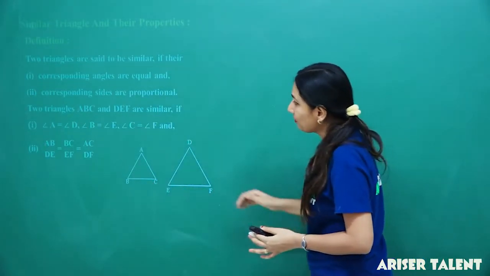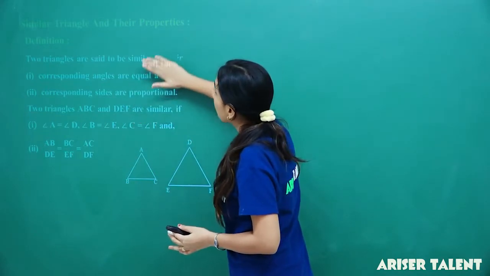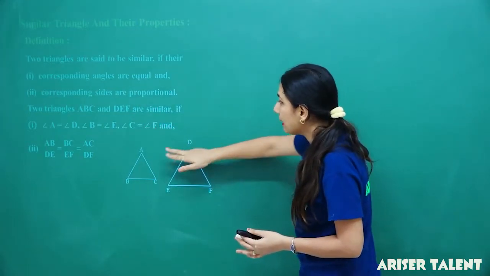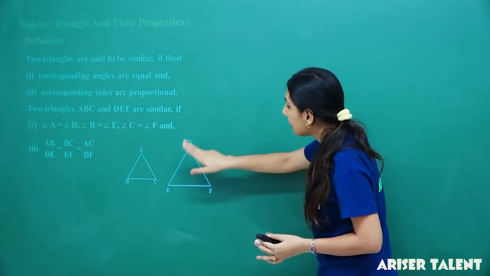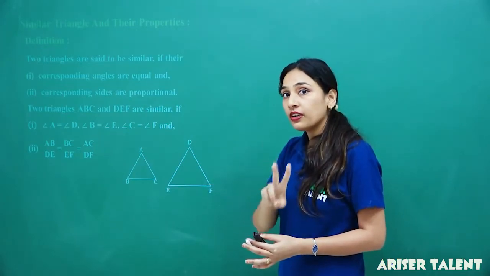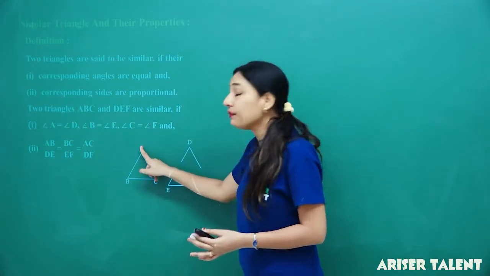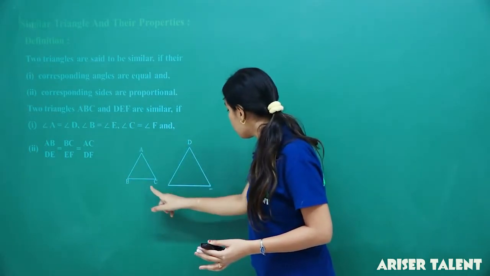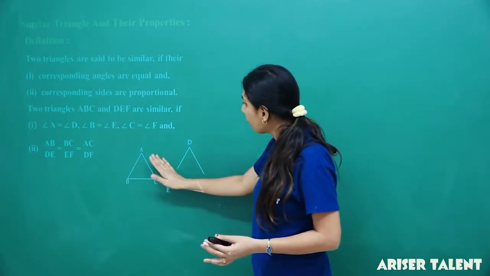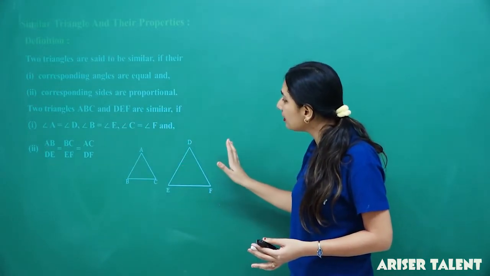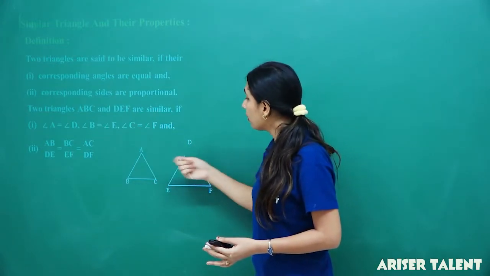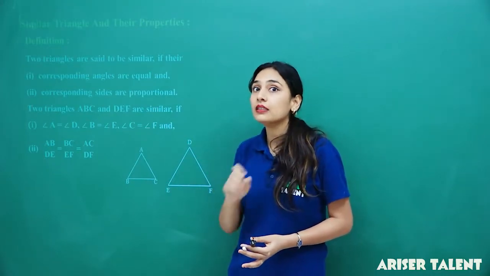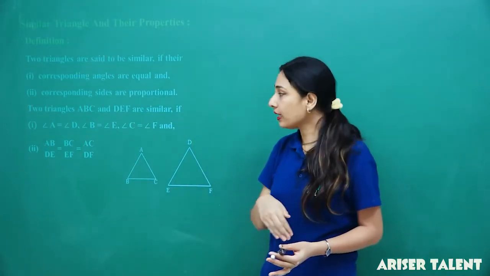Okay. So, in this particular kind of triangle, similar triangle, if ABC and DEF are two given triangles, then angle A will be equal to angle D, angle B equal to angle E, angle C equal to angle F. If we are given in a question that these two are similar, you are going to make these corresponding angles equal and use them in your question.